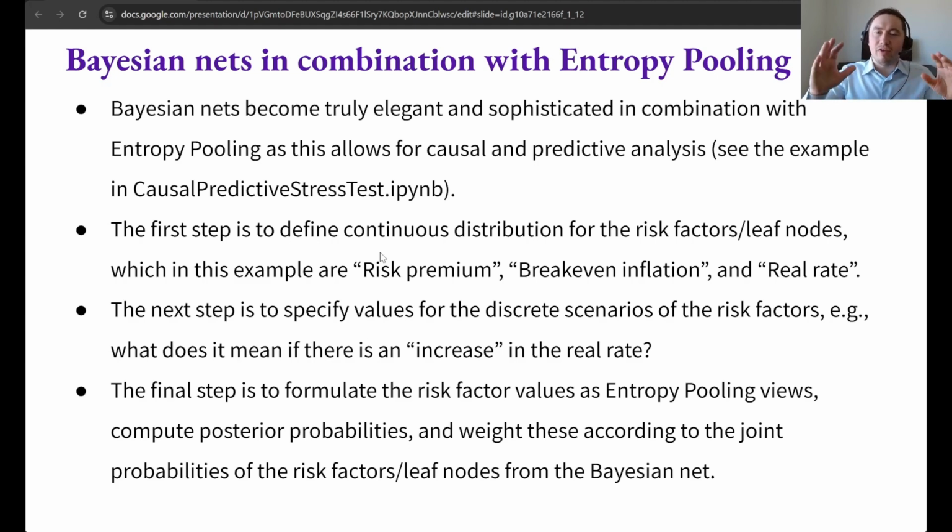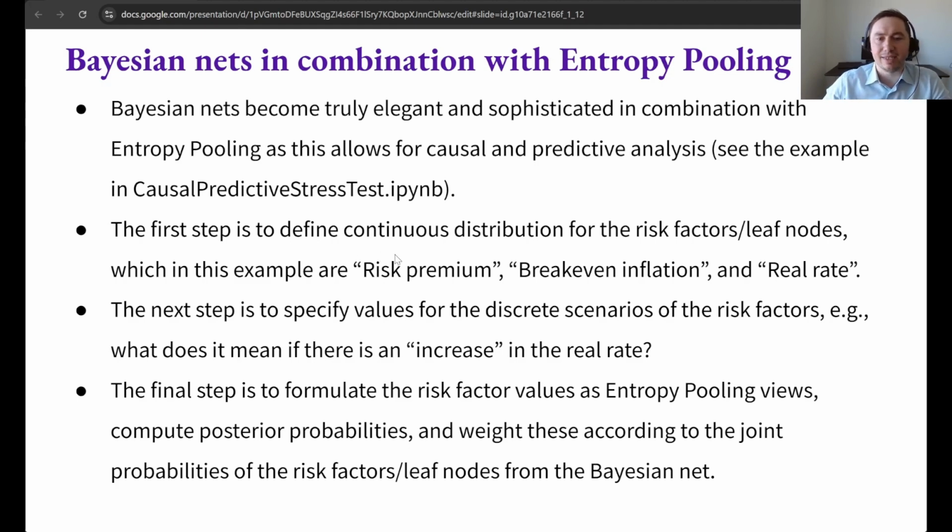So basically you can think about the Bayesian network as a method for generating joint causal views and then their probabilities. And then we just take these views and we implement them using entropy pooling. So we get several different posterior probability vectors, and then finally we weigh them by the joint scenario probabilities, and then we have one predictive posterior distribution which we can analyze however we want.